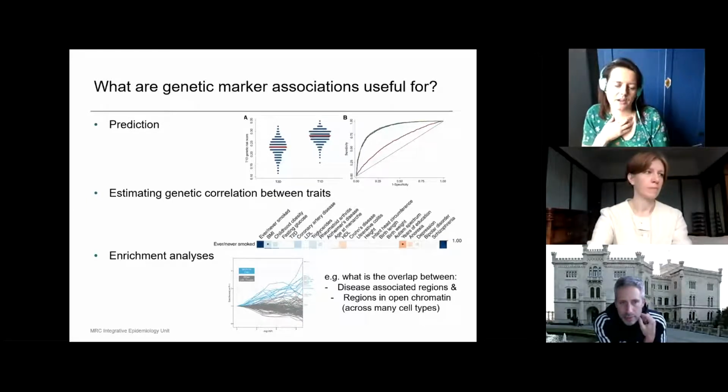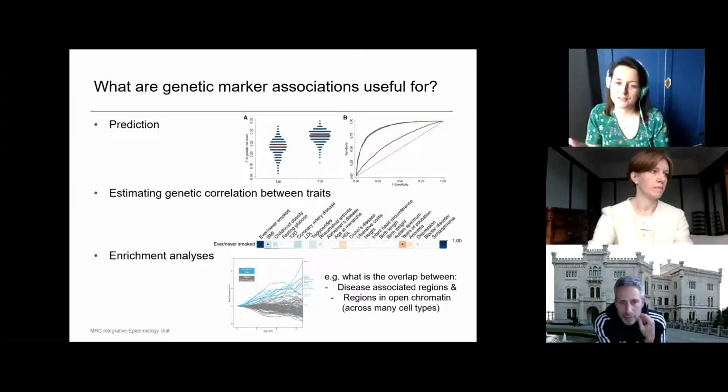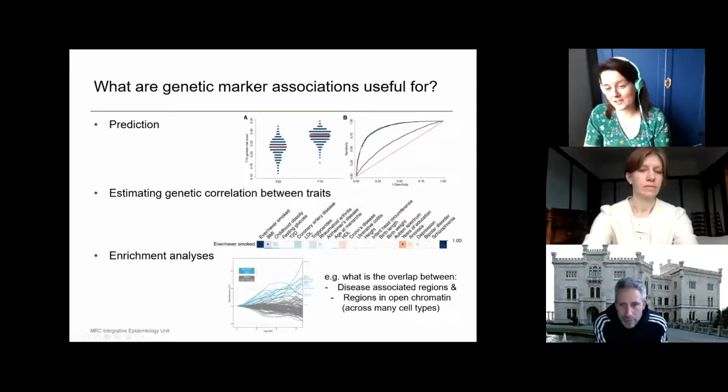The second example I've put here is estimating genetic correlation between traits. Again, you don't need to know the causal variant, just seeing the common loci coming up for different traits is useful in this scenario. I've pulled out an example from one of the first ever studies to look at genetic correlation on a large scale, looking at the genetic correlation of smoking with a whole load of other traits.